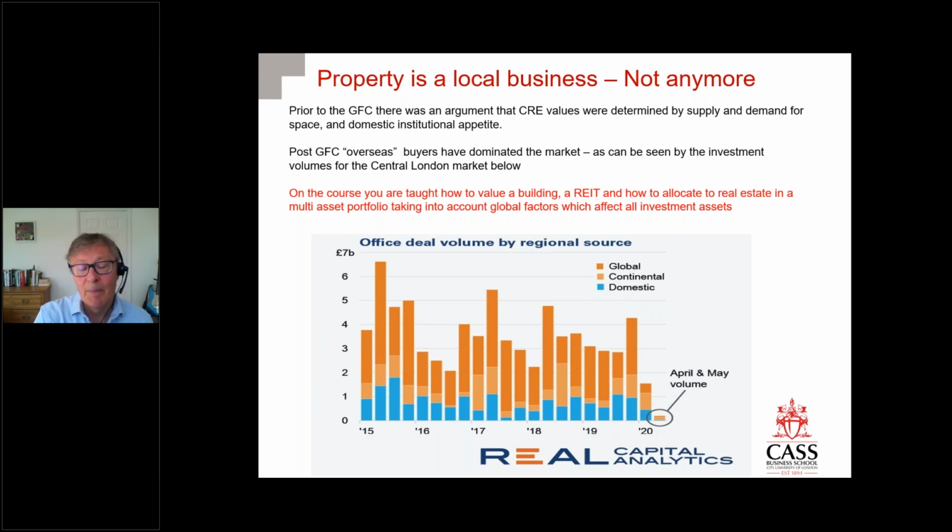What's happened is that domestic buyers have been priced out of the local market and overtaken by overseas buyers. One implication, which RCA talk about quite a lot, is that the higher the share of overseas buyers in a market, the riskier the market. If it's over 50%, it becomes risky.